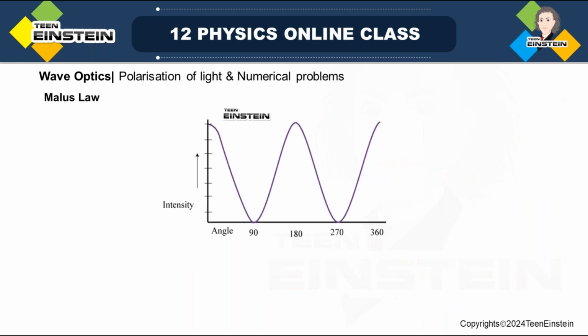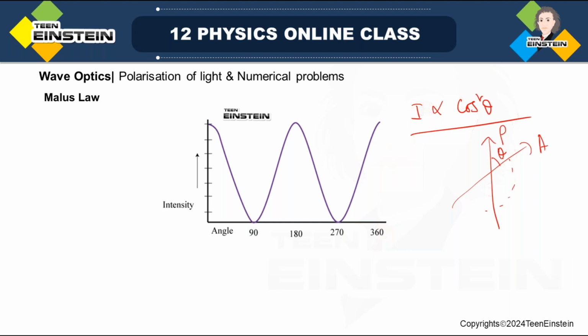Now if I want to see the intensity variation according to Malus law, intensity is directly proportional to cos square theta, that we have seen, right? Now we plot it with respect to angle. This is the polarizer optic axis, this is the analyzer optic axis, and suppose the analyzer's optic axis is rotated.